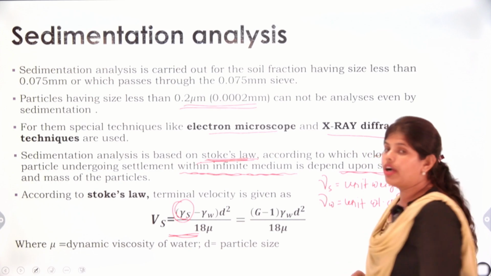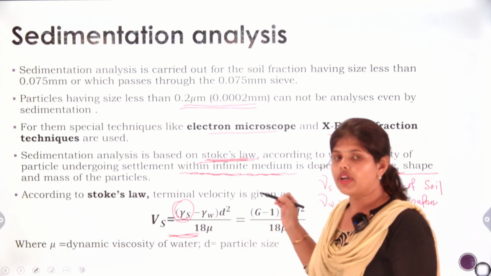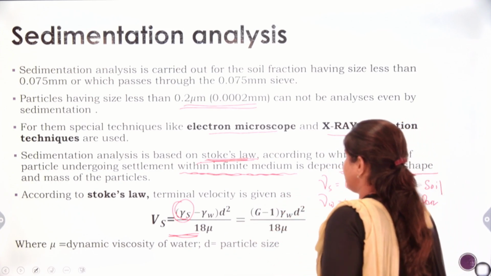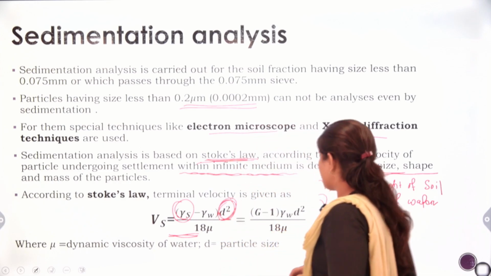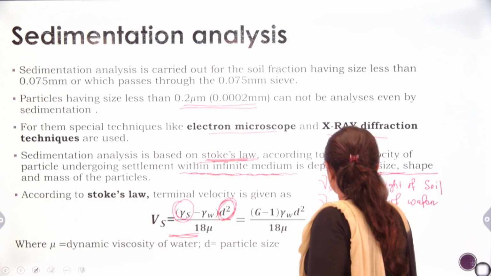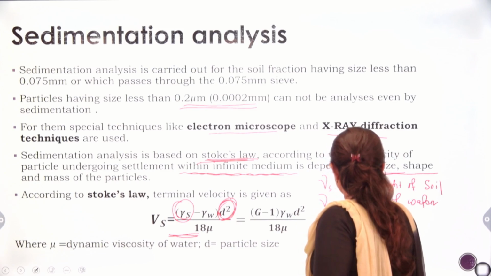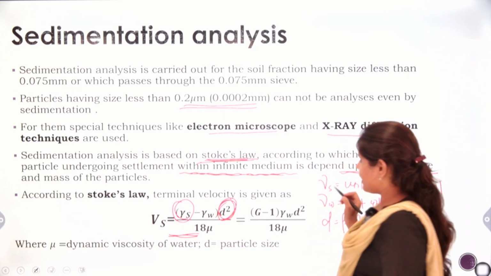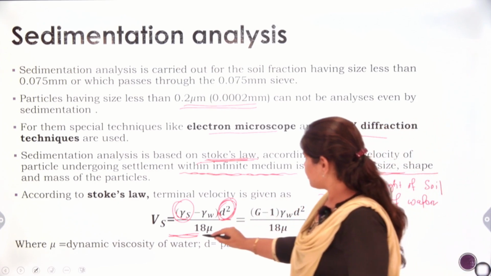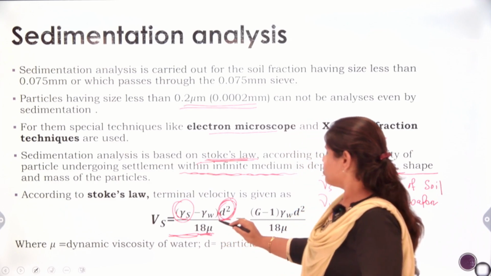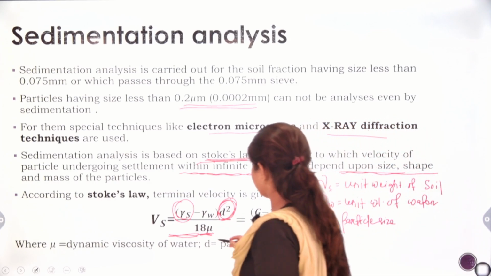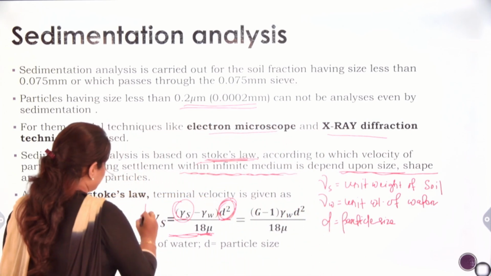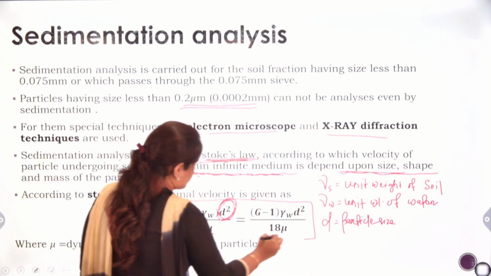Which water? The water present inside the soil mass, right? Here d square is what? D is the particle size. Right. And another term is 18 mu. Mu we use for dynamic viscosity.